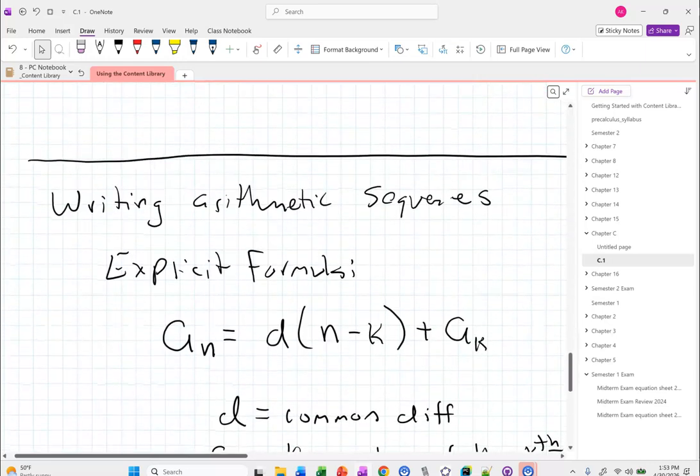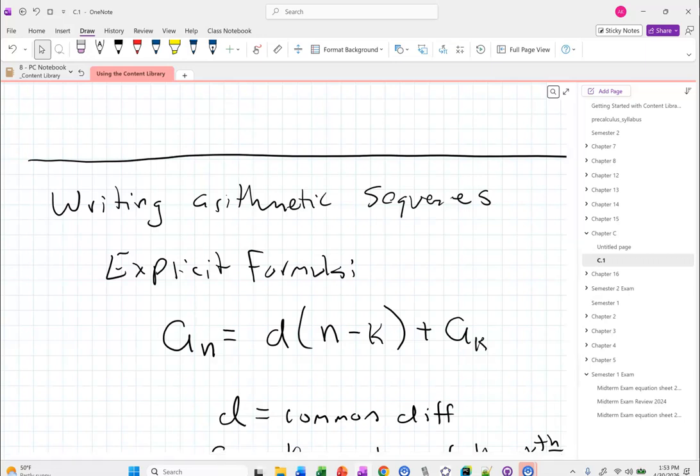All right, the last thing I want to do today is talk about how we write formulas for arithmetic sequences. We'll do geometric a different day. We're just going to talk about arithmetic ones today. So we're going to do explicit first, and then we'll come back and do the same problem and write the recursive sequence.